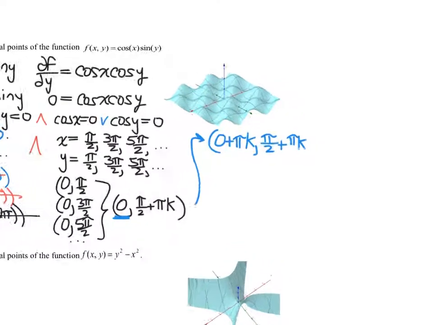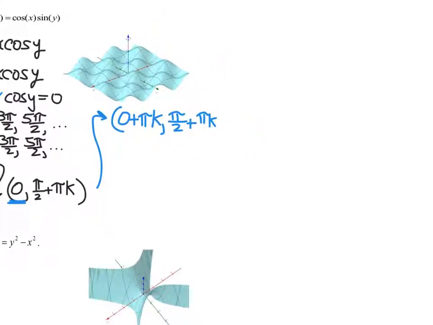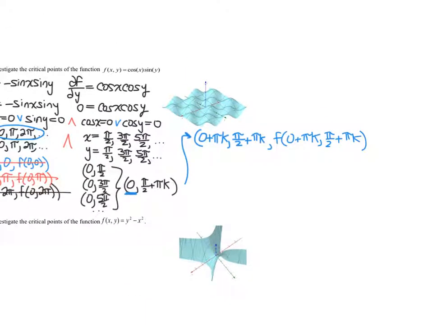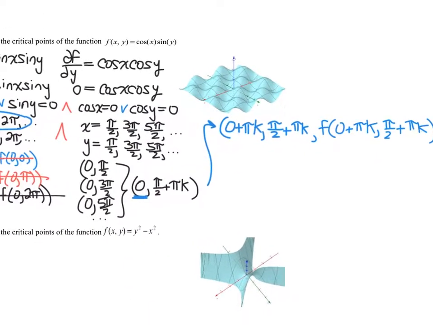So I'd have to write, this is ugly, but f of 0 plus pi k, comma, pi over 2 plus pi k. Now, here it's only asking us to investigate the critical values.